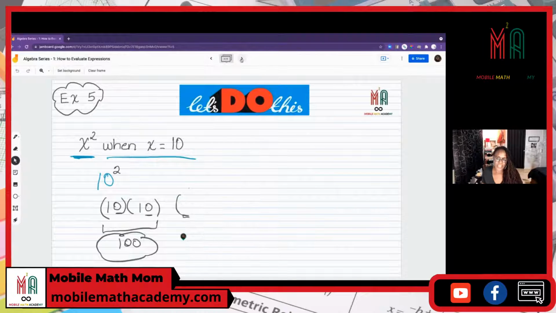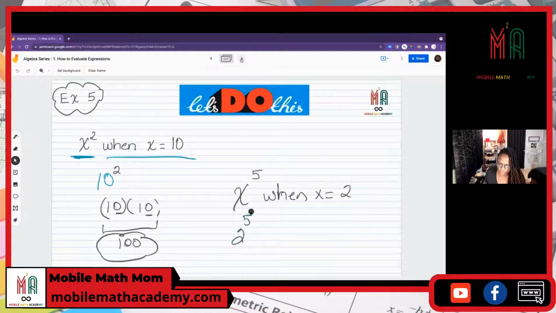All right. Now, what if I had x to the 5th power when x equals 2? Well, this is 2 to the 5th power.